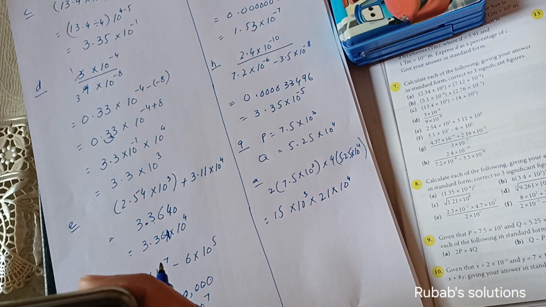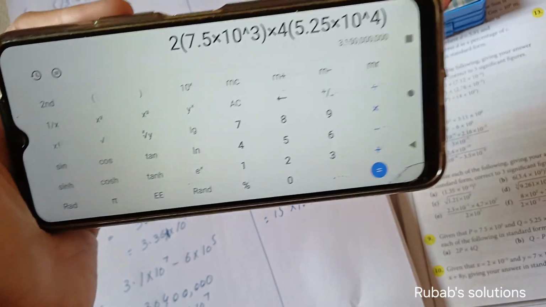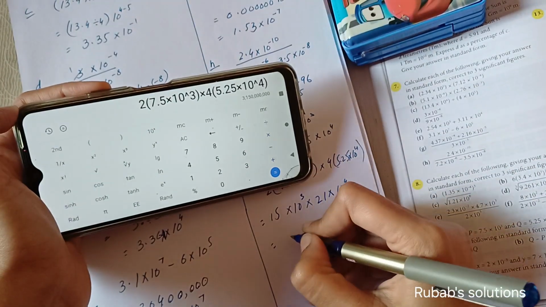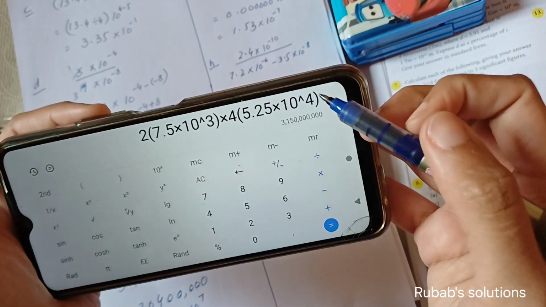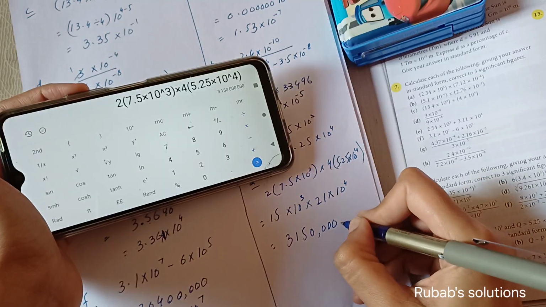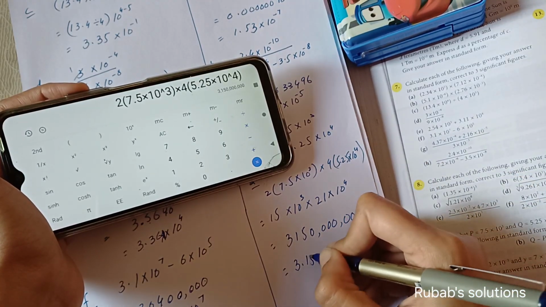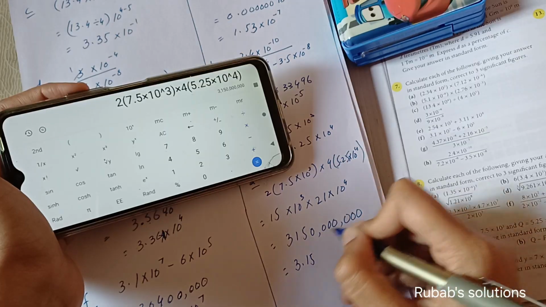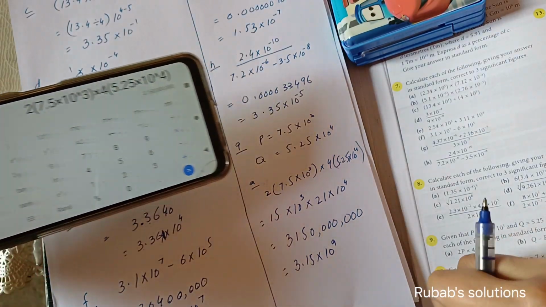Doing it directly I got an answer that is 3150, and 1, 2, 3, 1, 2, 3, 1, 2, 3, 1, 2, 3. So I will write it as 3.15, and obviously 7 zeros are these and 2 zeros are these, so 10 power 9. This is my answer.